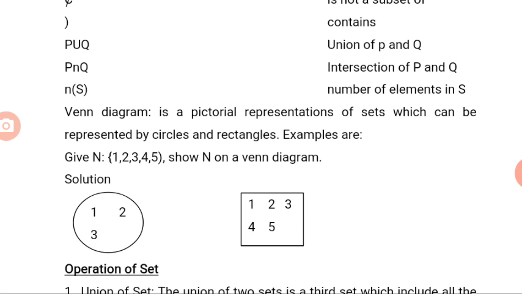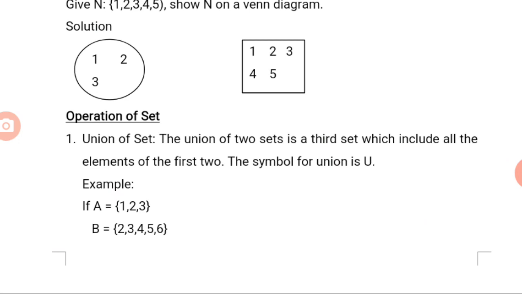Examples are given. Look at the examples. For set N, which has elements 1, 2, 3, 4, and 5, you are going to draw a circle or a rectangle, then you write the numbers inside it. That is how to write it. We also mentioned the union of sets. The union of two sets is a third set which includes all the elements of the first two.